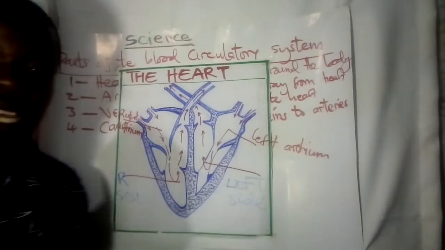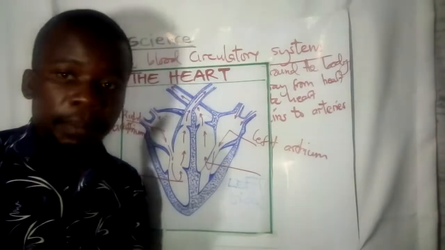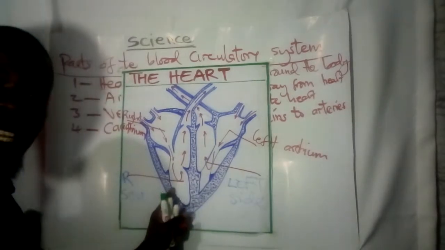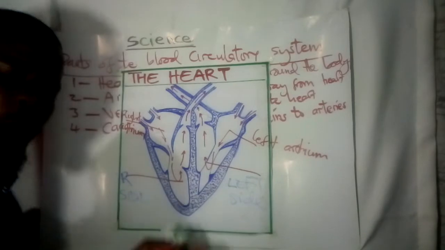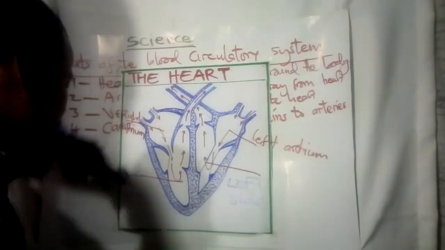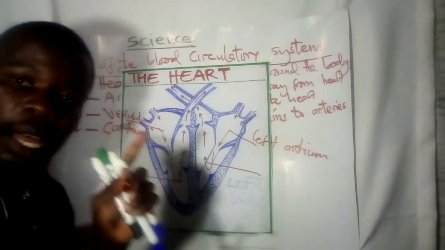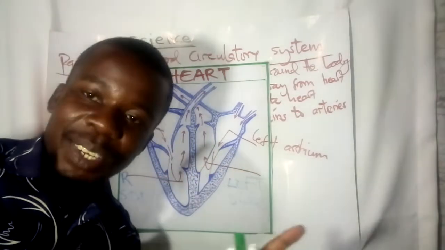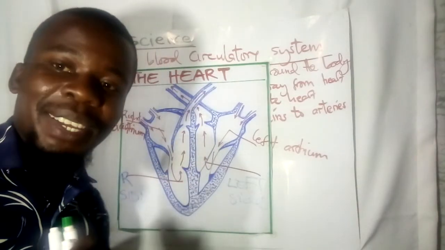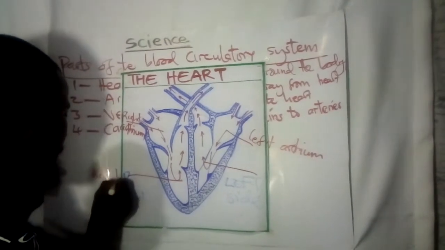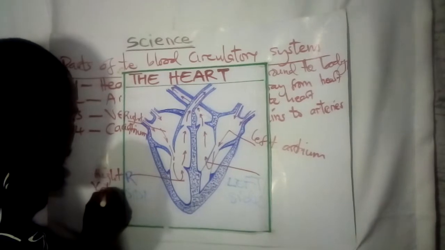I've got a small space. Yes, this one is a ventricle. So of which side? It's right side. So it will be called right ventricle. Good, I know you remember. So this one is the right ventricle.